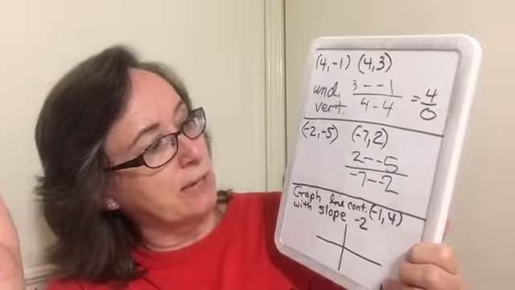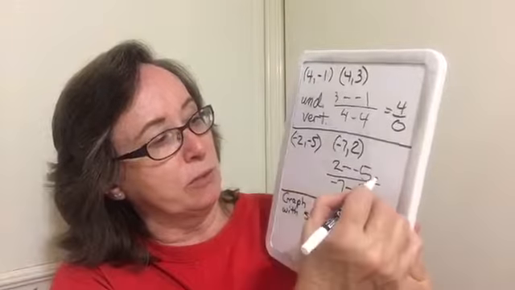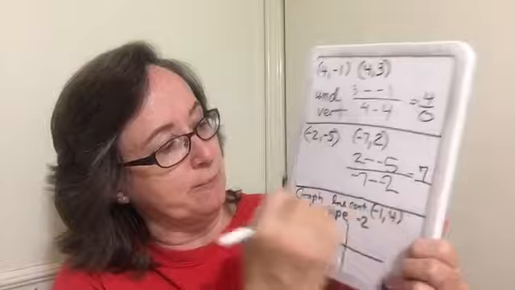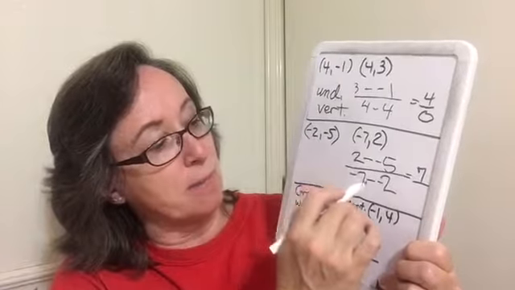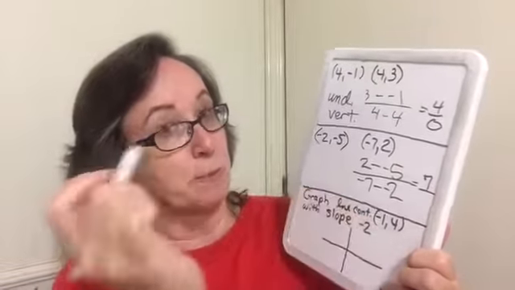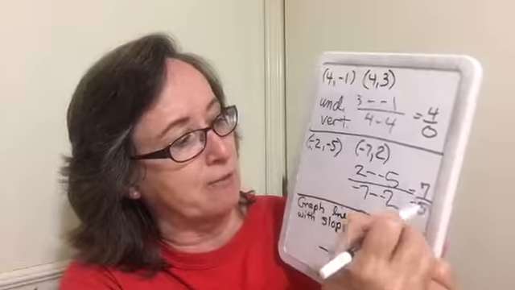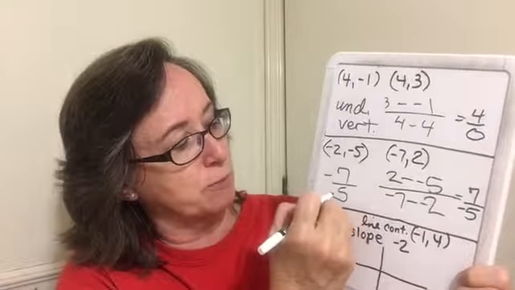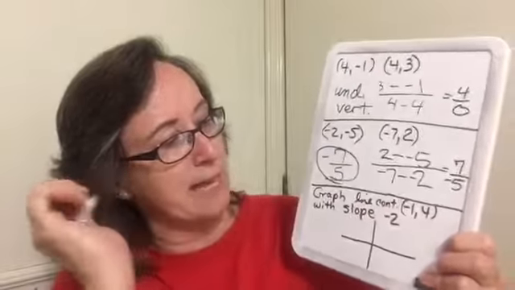Okay, so 2 minus a negative 5 is a 7, and negative 7 minus a negative 2 is negative 7 plus 2, so that's a negative 5. So that slope is a negative 7/5. We would not normally leave the negative on the bottom.